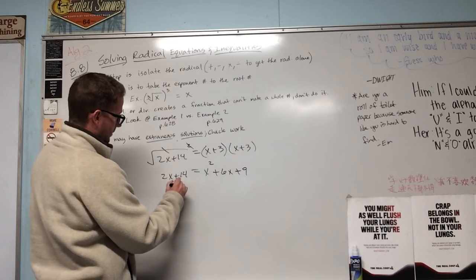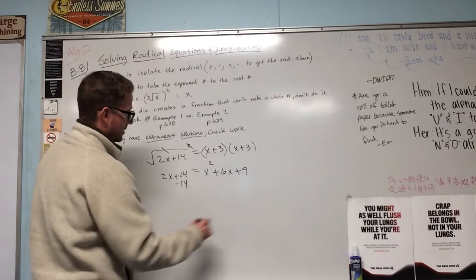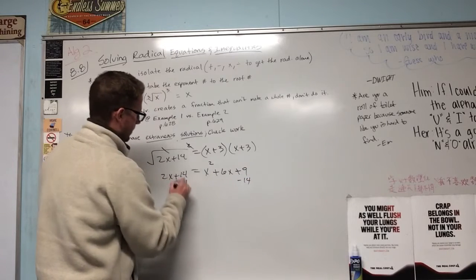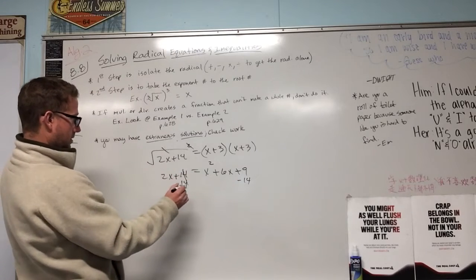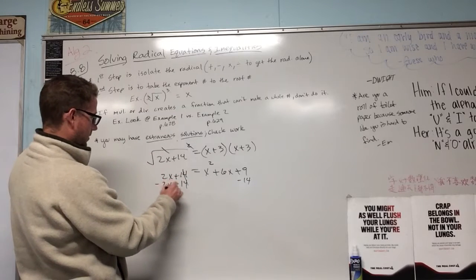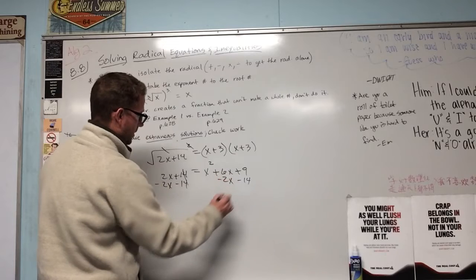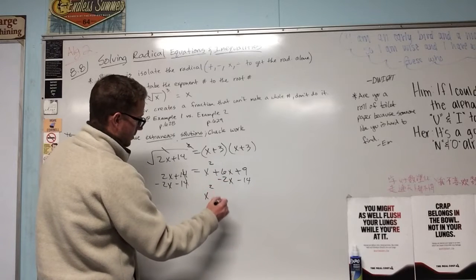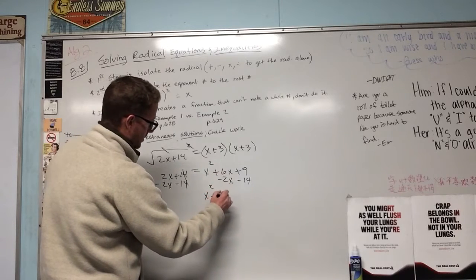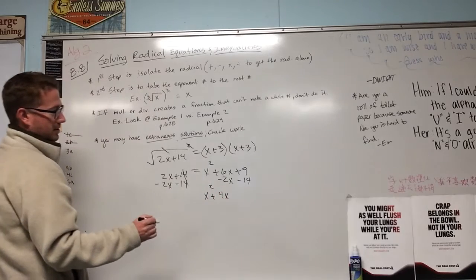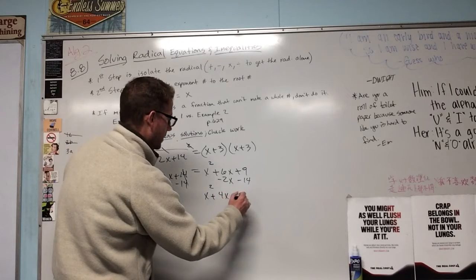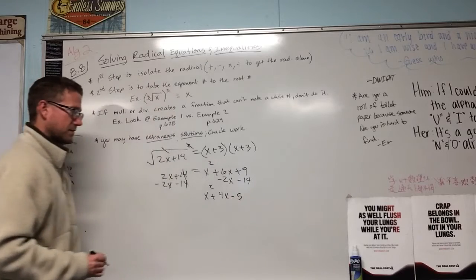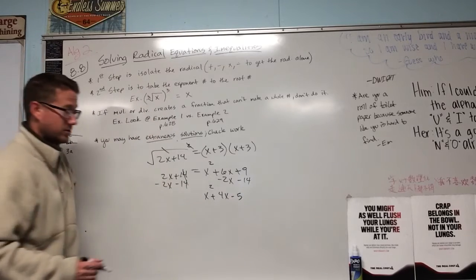And now we're going to have to subtract 14. Subtract 14. We're going to also have to subtract the 2x and subtract the 2x. So x squared, that's going to be a plus 4x, this is going to be a negative 5, and now we have to factor.